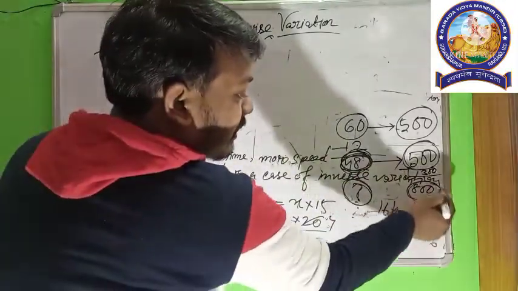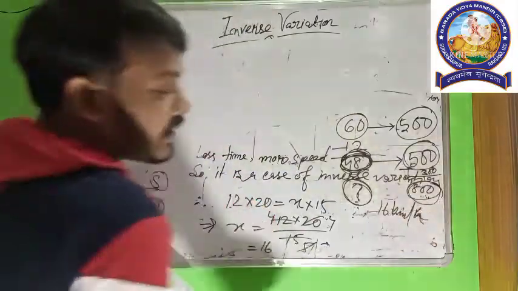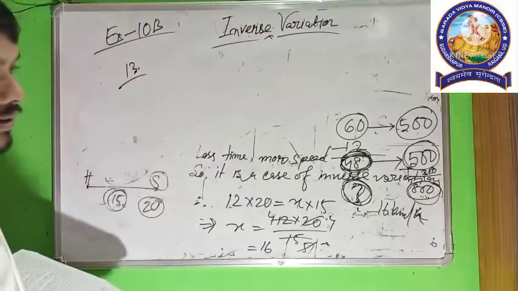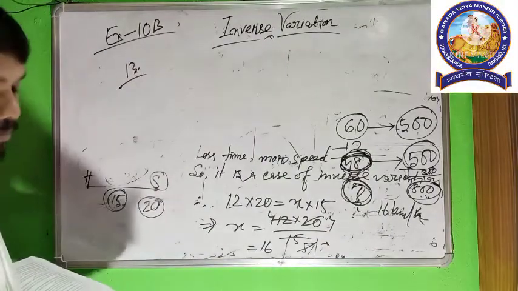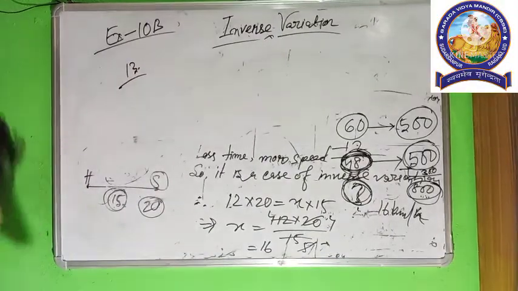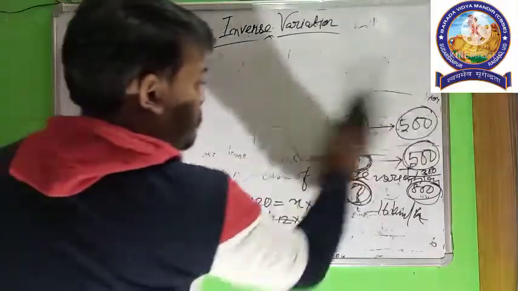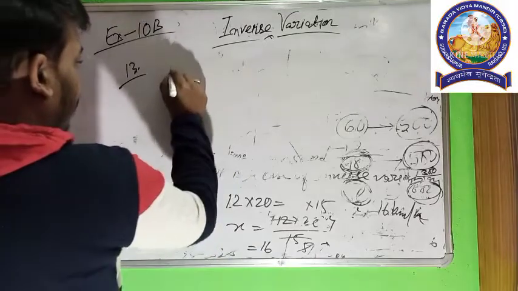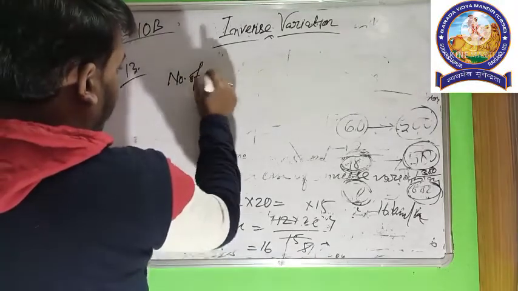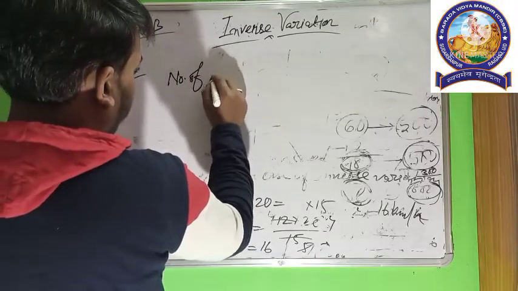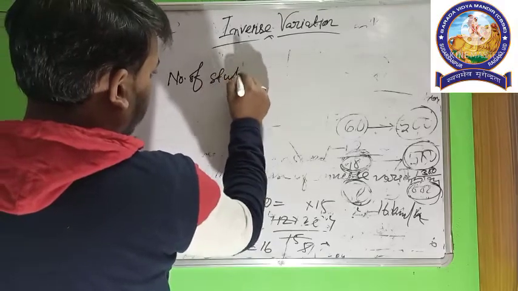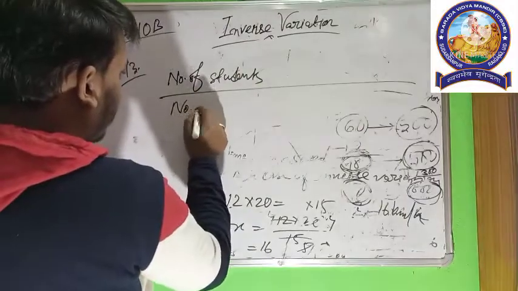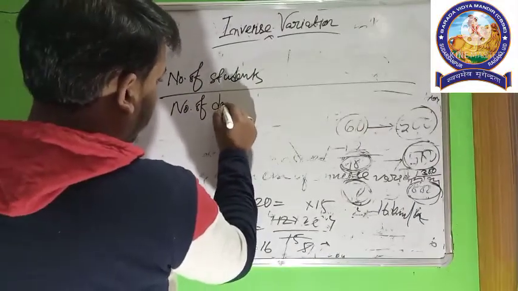If 300 more students join, now it becomes 800, and how many days will it last? So we are talking about the number of students and number of days.